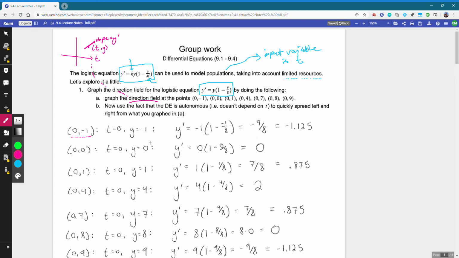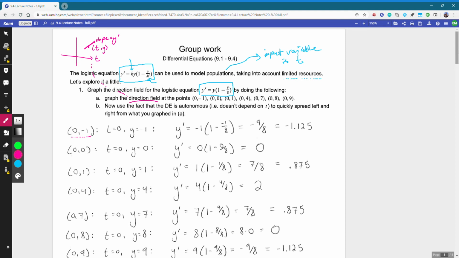So we just use our y coordinate here, plug it in at the front and up top, and it works out to be negative 9/8. And similarly, we can go through these other 6 points, and feed in the t and y coordinates and get our slopes, and we end up with what we see here.